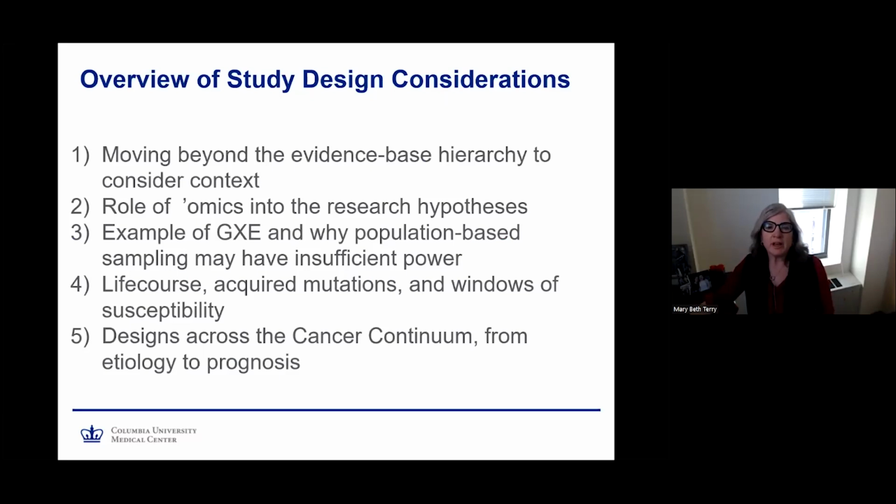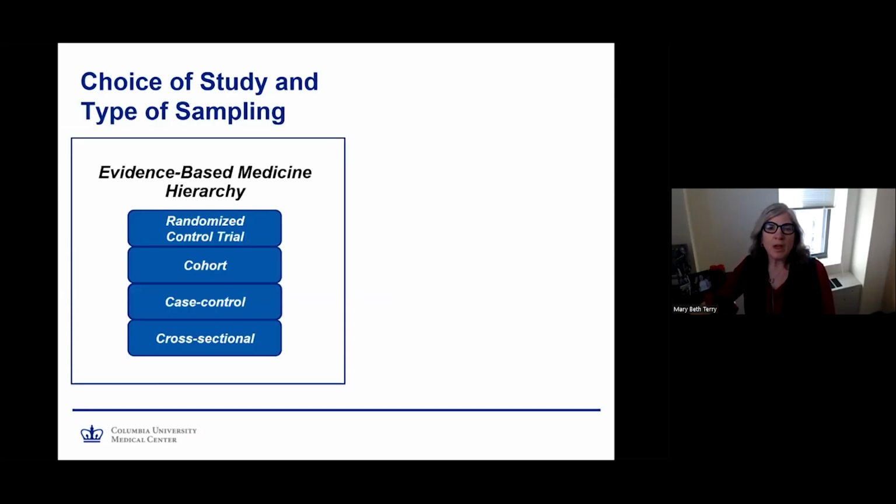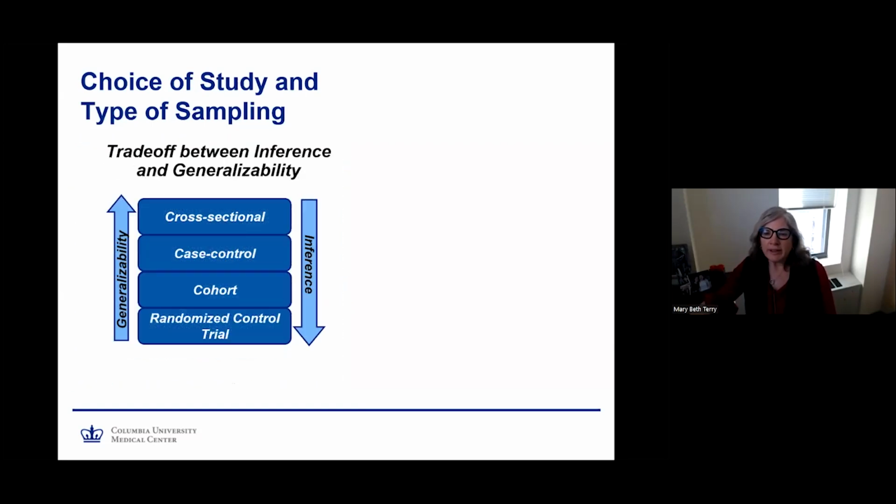Five brief points. First, we need to move beyond the evidence-based medicine hierarchy. A hallmark of the evidence-based medicine hierarchy is that randomized controlled trials are specifically given the most weight in forming clinical guidelines. Yet we know that there's always a trade-off between inference and generalizability. Designs for public health impact, policy, and evaluations prioritize generalizability and generally, as a result, favor population-based sampling, where RCTs have always incorporated more targeted sampling.